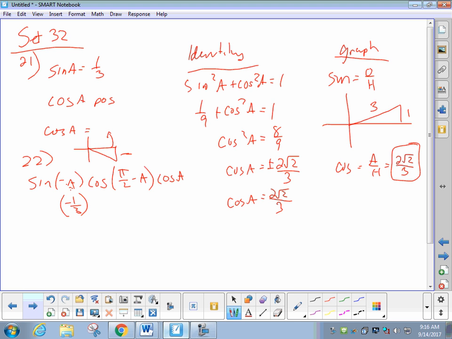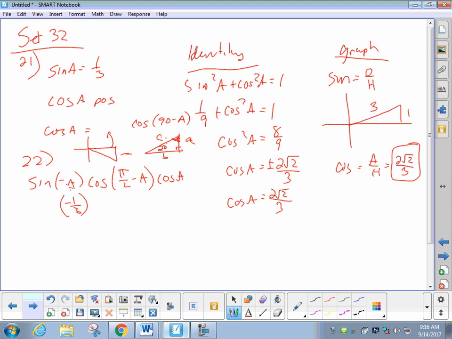Cosine of pi over 2 minus A. That's 90 minus A, yeah? The idea there is that if I look at any angle, say this is 20 degrees, and I call this A, B, and C, isn't the sine of 20 degrees, which is A over C, the same as if I took the cosine of this other angle, which would also be A over C because it's adjacent?